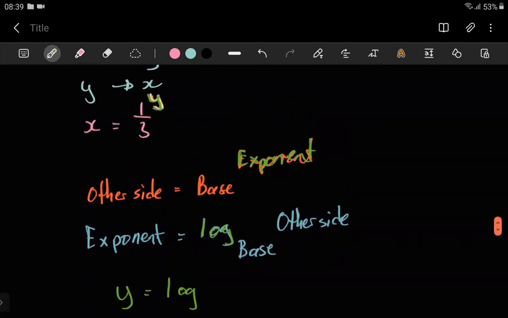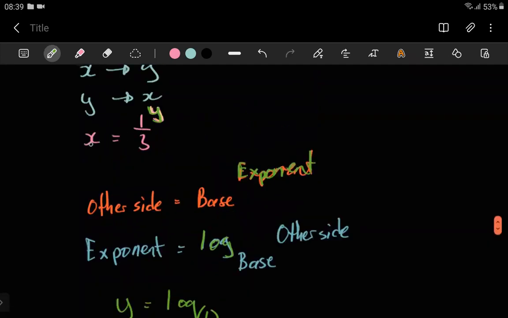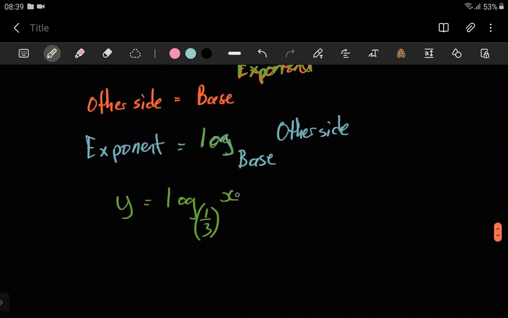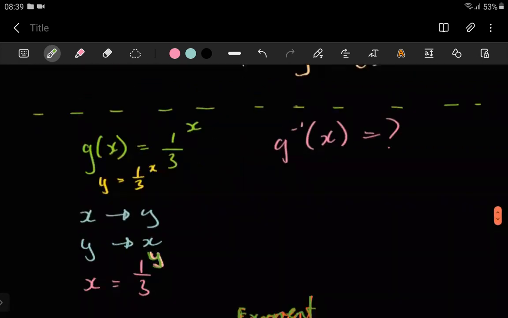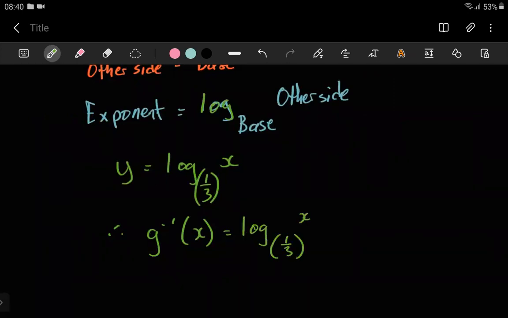Whatever your base was is now the base of the log, and whatever this number was just comes over there. And therefore here, you have your inverse function. If they say they want it in this format, you can write it. If they say they want it in terms of y, you can just leave it like that up there. So that's logs.